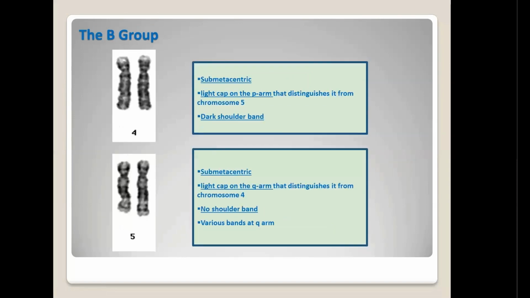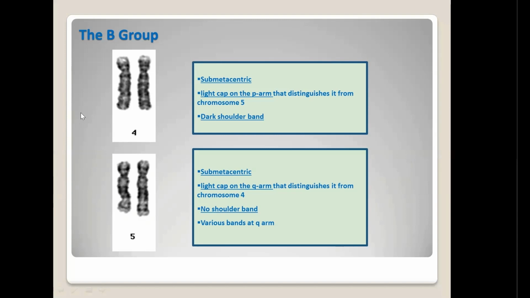Now coming to the B group, which includes chromosomes 4 and 5. Both are submetacentric. To distinguish chromosomes 4 and 5, we have to remember two things. There is a dark shoulder band on chromosome 4, but no dark shoulder band is present on chromosome 5.